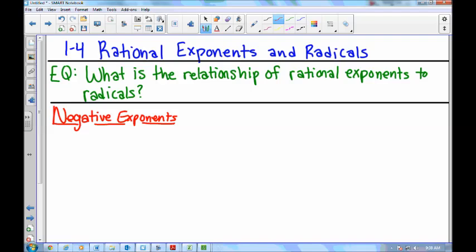Sometimes when you do the quotient rule division and you use the shortcut instead of expanding, you'll end up with negative exponents.